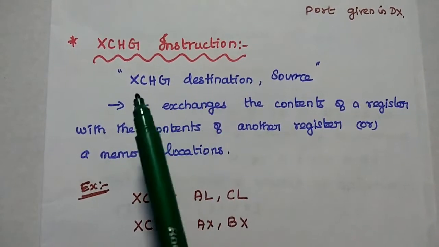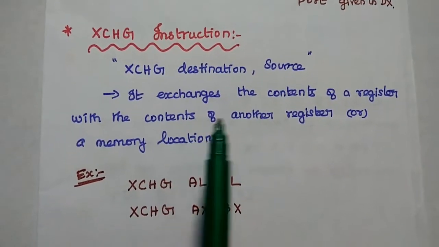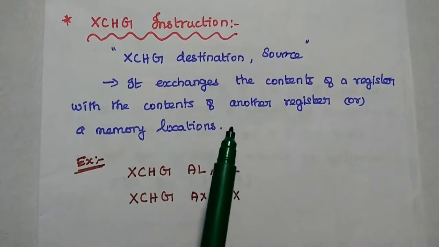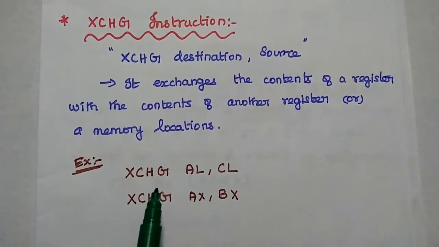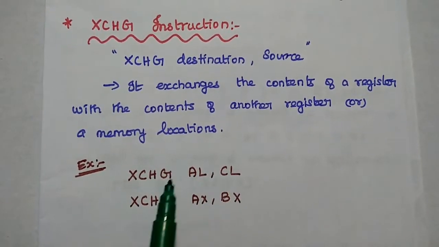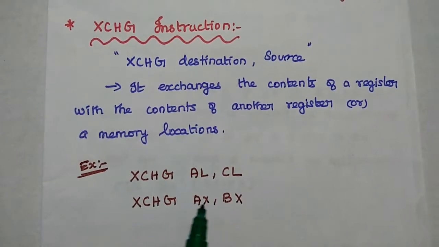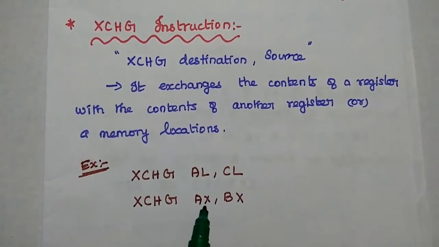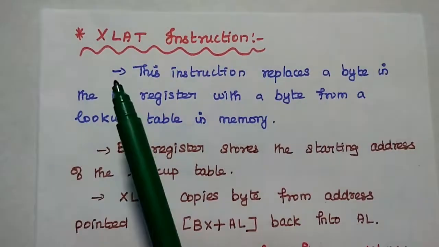The next one is the exchange instruction. Its format is XCHG destination, source. It exchanges the contents of a register with the contents of another register or a memory location. An example is XCHG AL, CL. That means we exchange the contents of the AL register and the CL register. Similarly, we can exchange the contents of the AX register and the BX register.